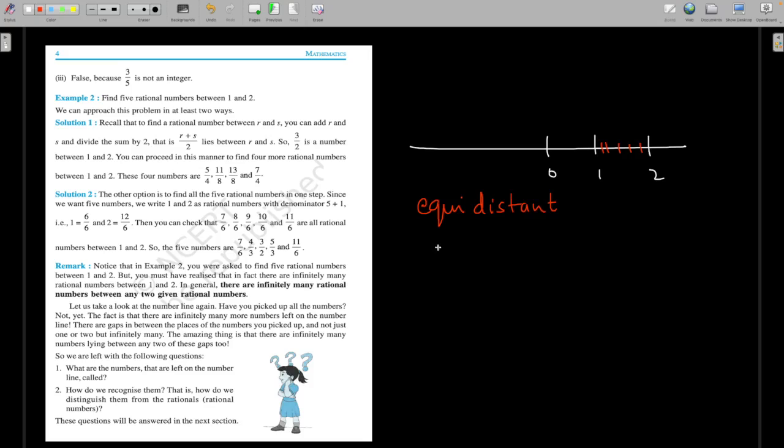Here's a very simple way in which I can put as many equidistant rational numbers in between 1 and 2. So the first step: I want 5 numbers, so what you do is you add 1 to 5 and make it 6. And write 1 as 6 by 6, and write 2 as 12 by 6.